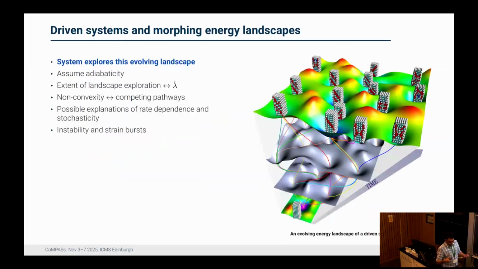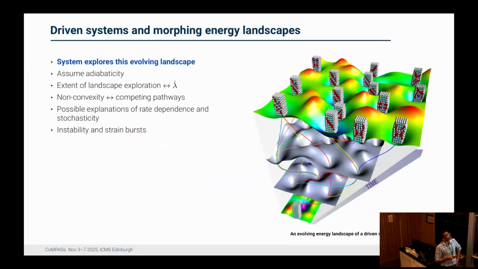In a very general sense, think about that at each lambda you have a potential energy surface. You can parameterize lambda with time if you're talking about some kind of rate of loading. So the potential energy surface keeps morphing as the loading parameter progresses, and your dynamics will be happening on this evolving landscape. So this is like a driven system.